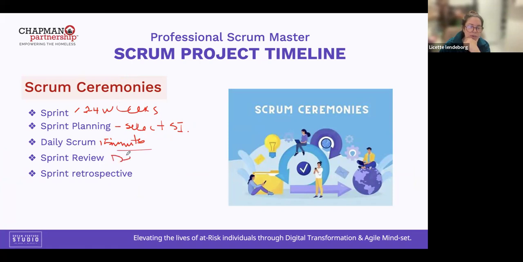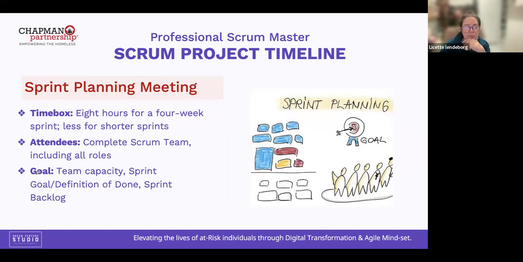Sprint review is the demo with the stakeholders and customers. And retrospective, it's to improve. So now we have a general idea of each one of the Scrum ceremonies. So remember, we're going to have another topic where we will talk more deeply about those ceremonies. This is just an overview.